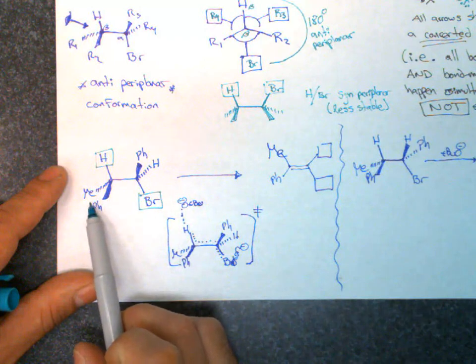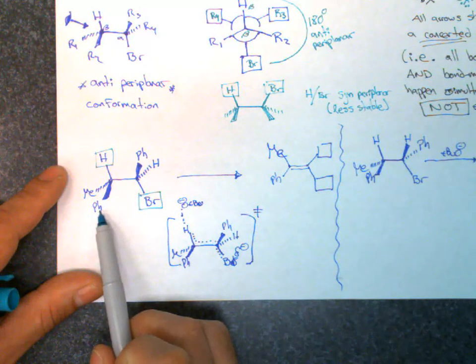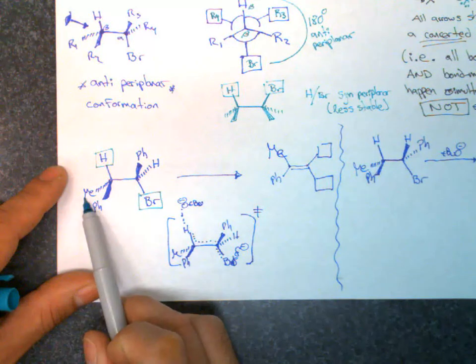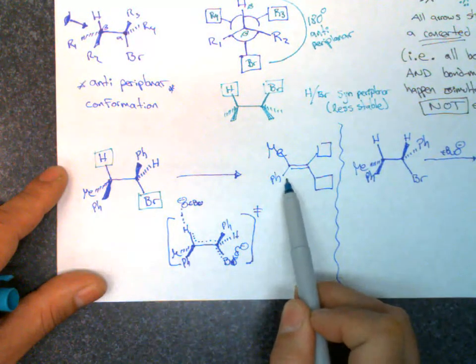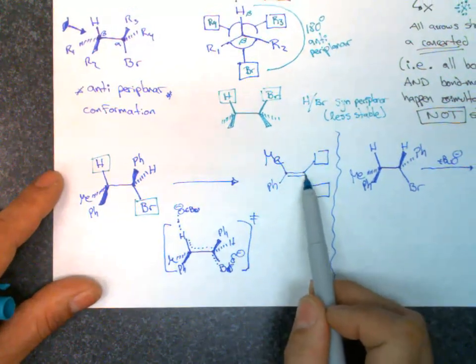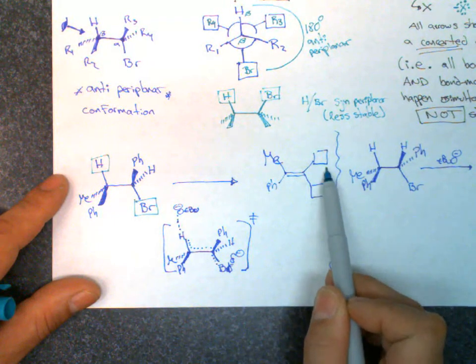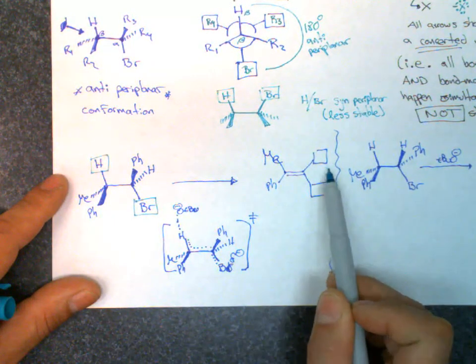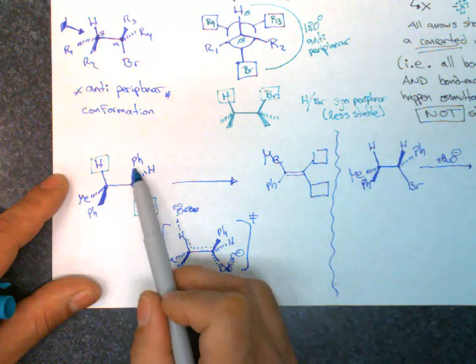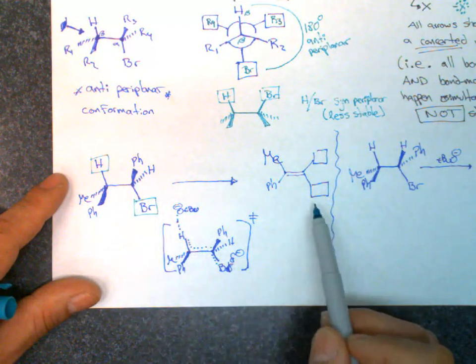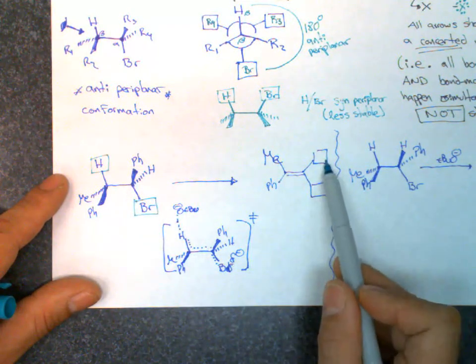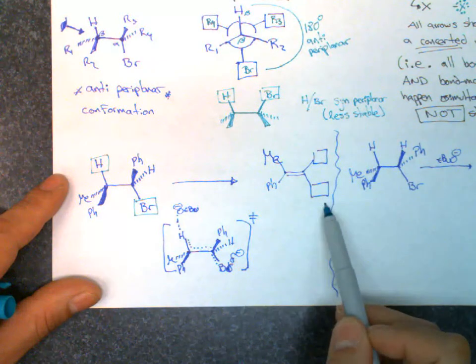So we're going to end up with an alkene in which one carbon is going to have a phenyl and a methyl. I have it right here already. The question is, what is going to be in the other side, and where? Where should the phenyl go? Next to the methyl or next to the phenyl?